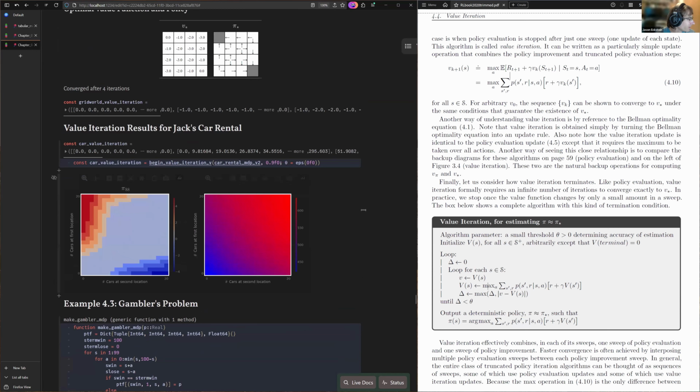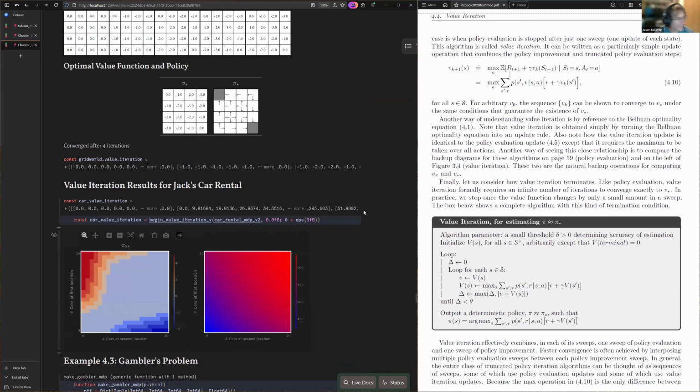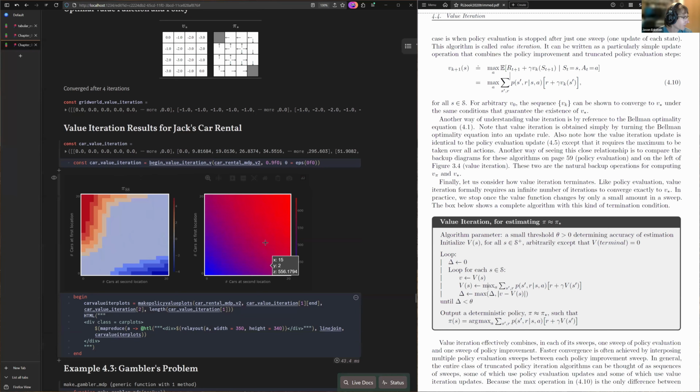You can see here that it took 88 iterations of value iteration to solve this, but it's still faster than policy iteration, because remember, each iteration here is only one sweep through the state space. And the solution should be the same. Yeah, it looks like it's the same solution.